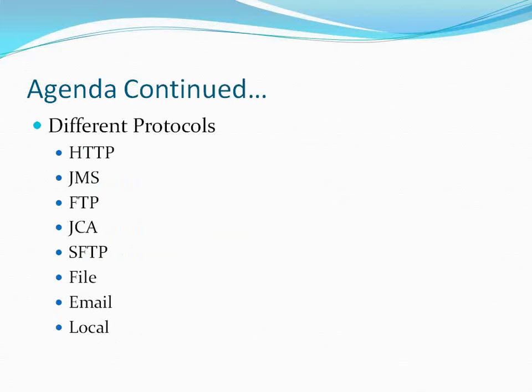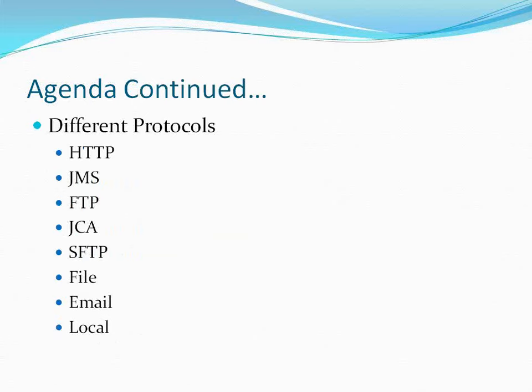FTP, you can use both ways. There are two ways to use FTP in OSB. One way is, for example, when you want to consume or pull some file. Either you can use direct FTP adapters, which we can develop in JDeveloper and then bring here.